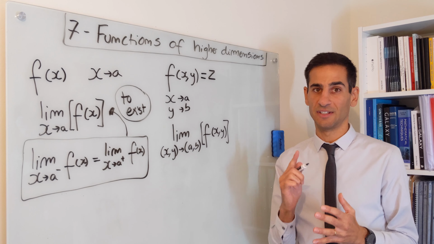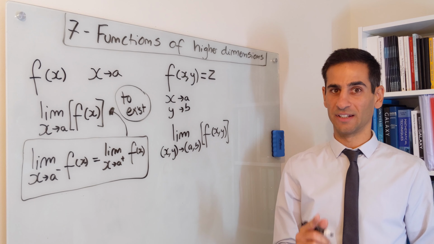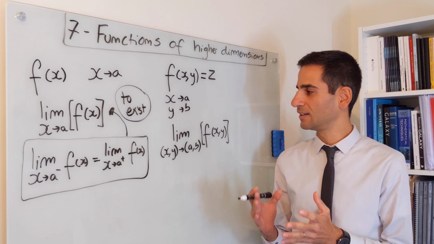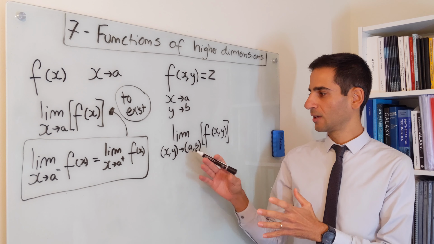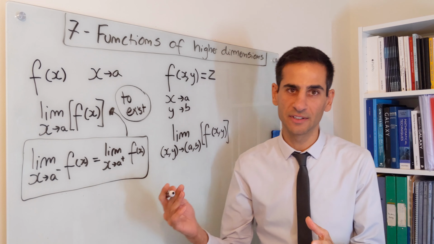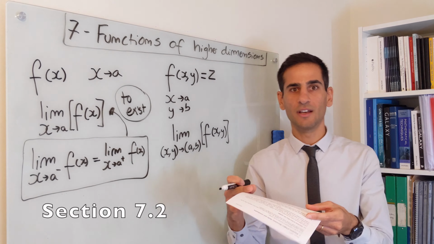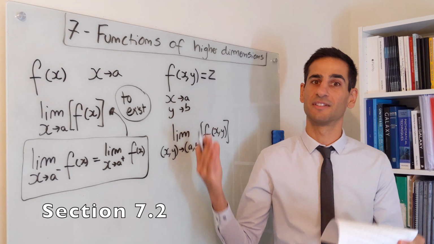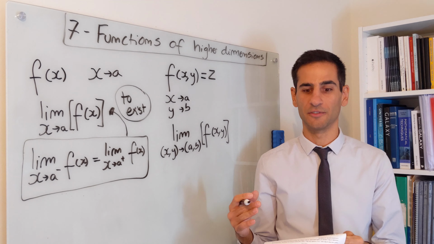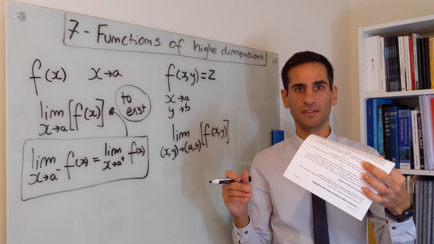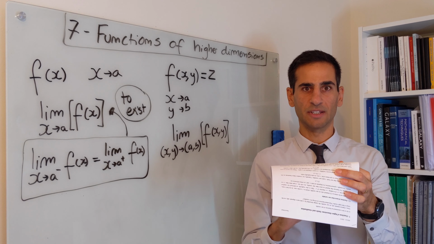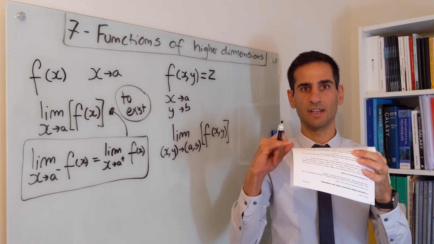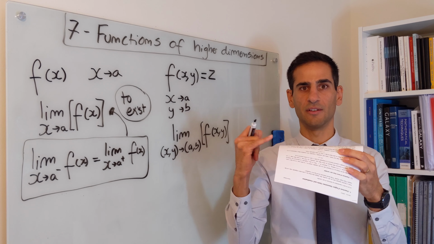The answer is yes, but it's complicated, very complicated. Why is it complicated? That is because you can literally approach point a, b from an infinite number of ways. Say you have this curve in the lecture notes on section 7.2. You can think of this as a surface, essentially something that given x, y coordinates, the z is giving you the value of a function.